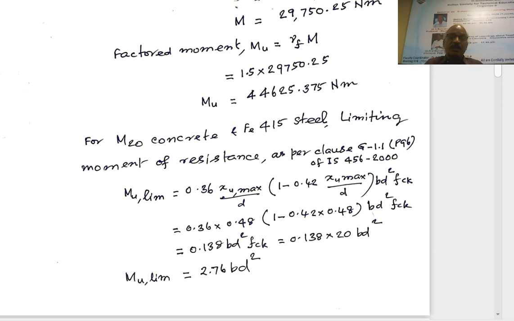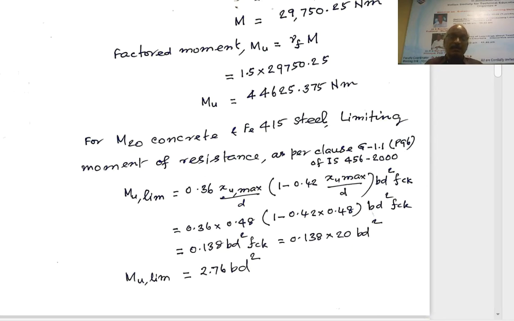For Fe 415 steel, Xumax by D is equal to 0.48. That again is available in IS 456. And fck is 20. Substituting all the values, we get Mu limit equal to 0.138 b d square fck. Substituting 20, Mu limit equals 2.76 b d square.